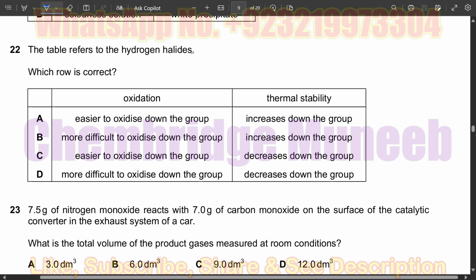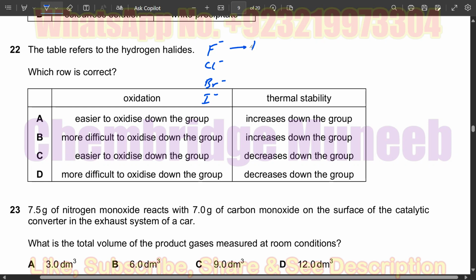oxidation of the halides. We know halides are considered as fluorides, and then chloride, bromide, and iodide. These are the ions present in group number 7. So down the group, the oxidation of iodide is easier as compared to the oxidation of fluoride.